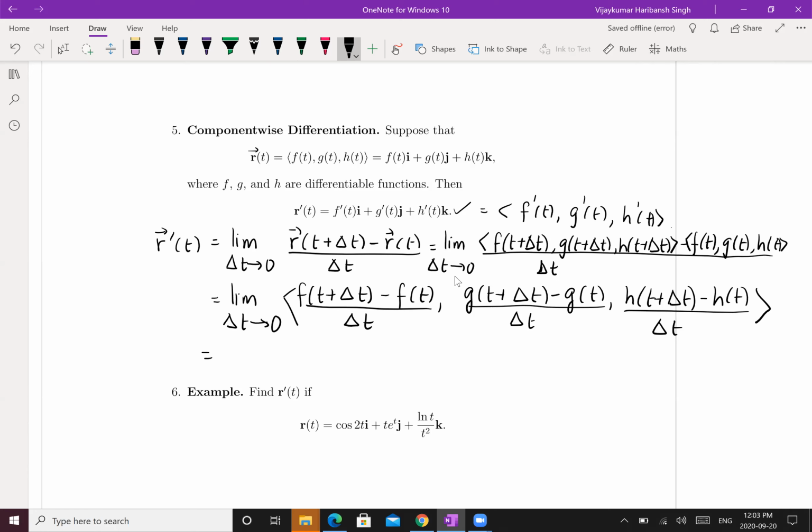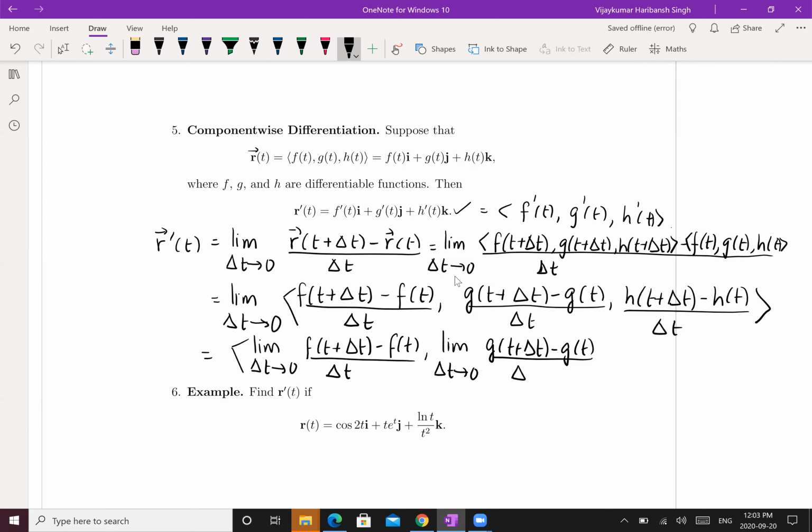So let's do that as well. This is going to be the limit as delta t goes to 0 of f of t plus delta t minus f of t over delta t. Similarly, the limit as delta t goes to 0 of g of t plus delta t minus g of t over delta t.